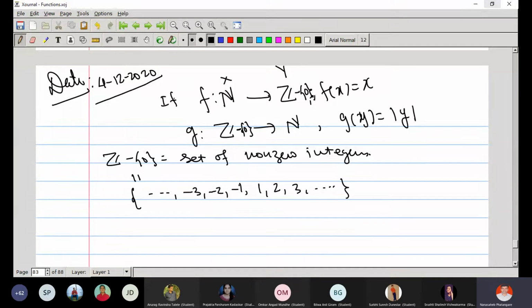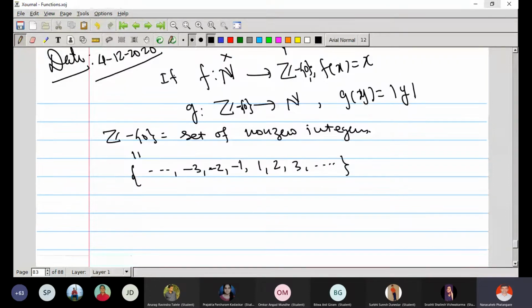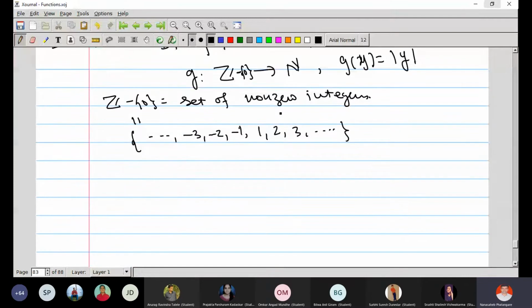And what is my function g of x? g is a function from y to x, and I am defining it by absolute value. Now do you understand what type of functions these are? 1, 2, 3 and so on, natural numbers.